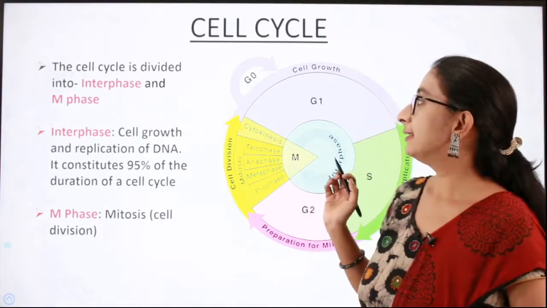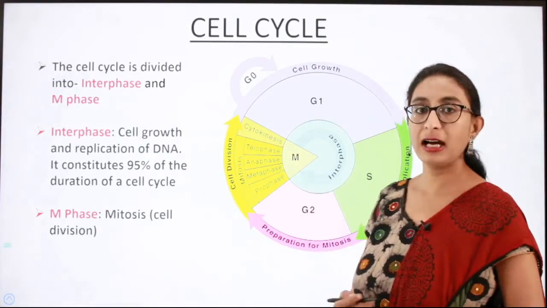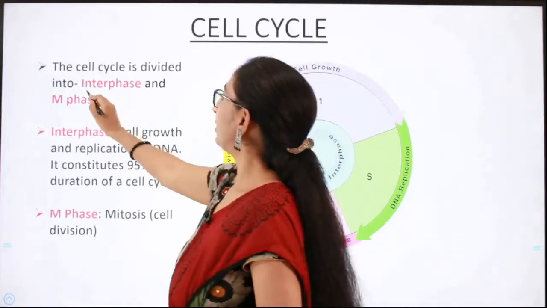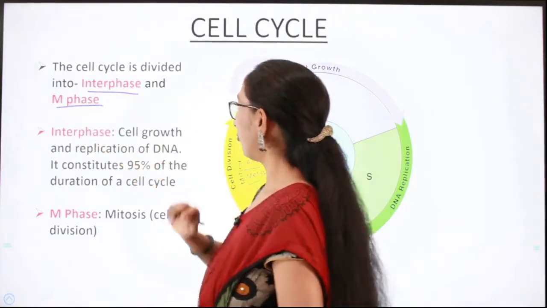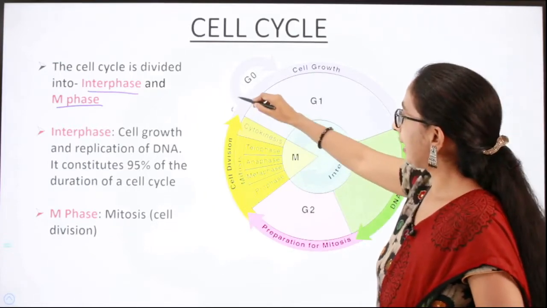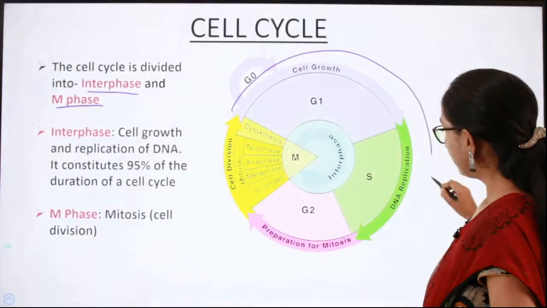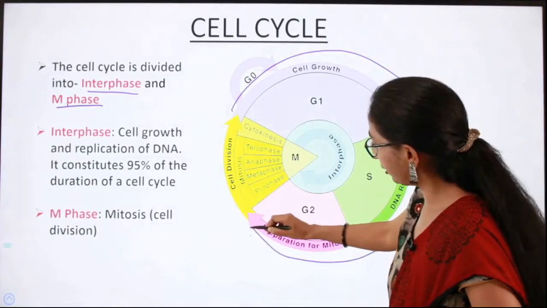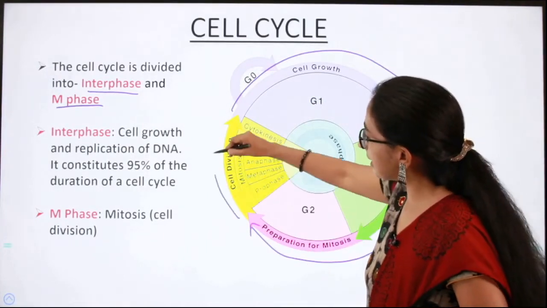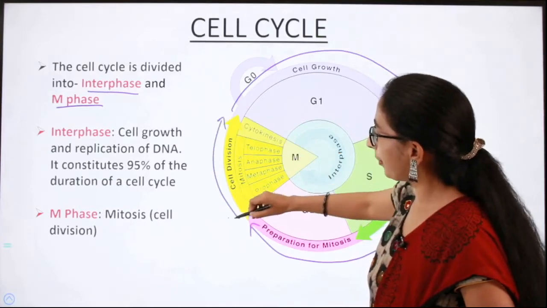So the cell cycle has different phases. There are two important phases of the cell cycle. The first one is the interphase and the second one is the M phase. Here you can see in this picture, this entire circle from here to here is the interphase, whereas this is the M phase or the mitotic phase.